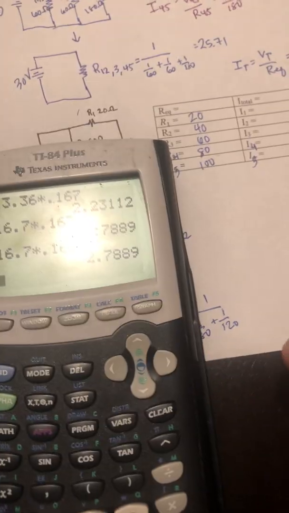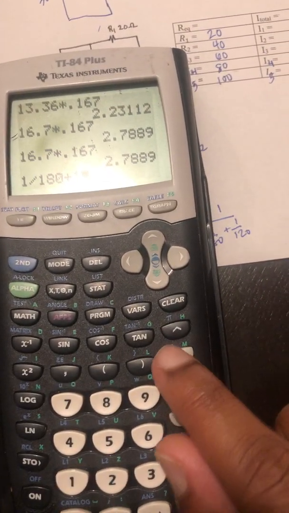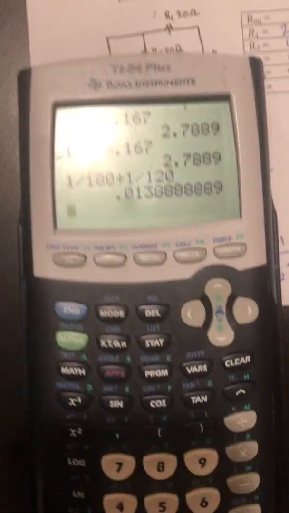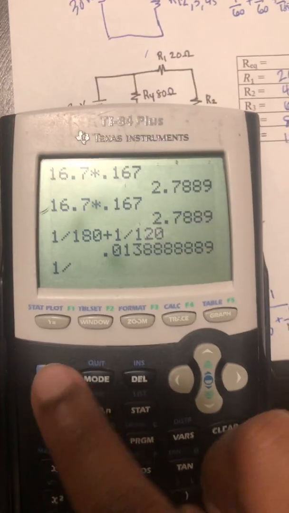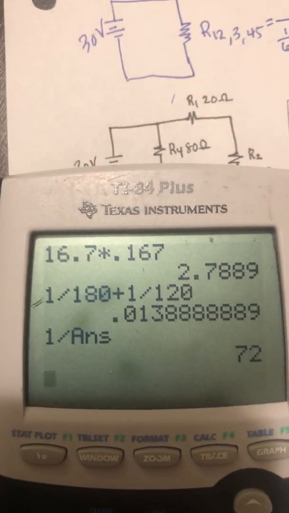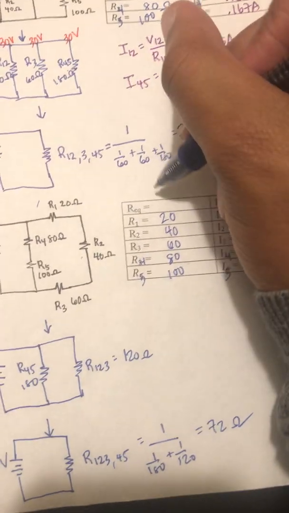So let's see, 1/120 plus 1/180. 1 divided by that answer will give me 72 ohms. So that's my equivalent resistance. Let's add that in the chart.